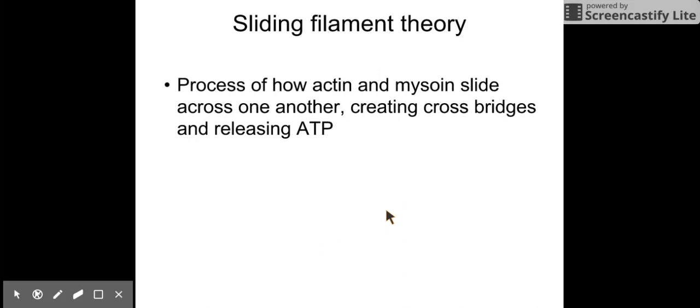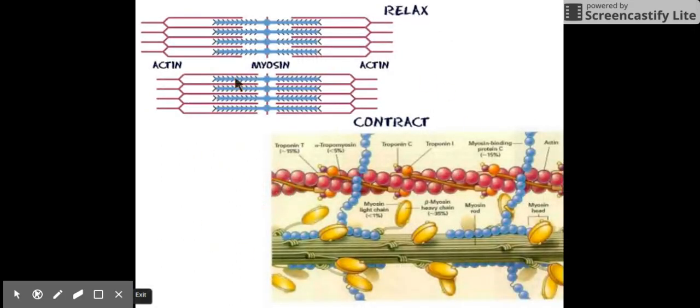It's actually like two platforms sliding across each other. And those two platforms are, of course, our actin and myosin fibers. And they slide across each other, creating cross bridges. And of course, they're using up ATP. And I'm going to get a little bit more into how this happens on the next slide, where I have some pictures to kind of demonstrate how that works.